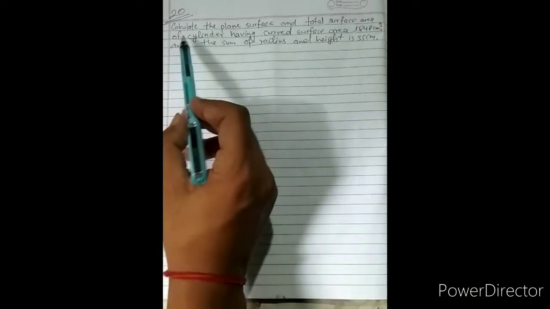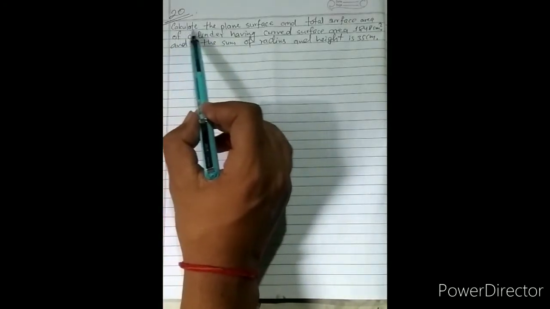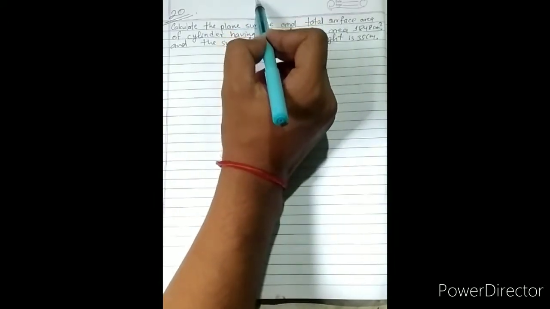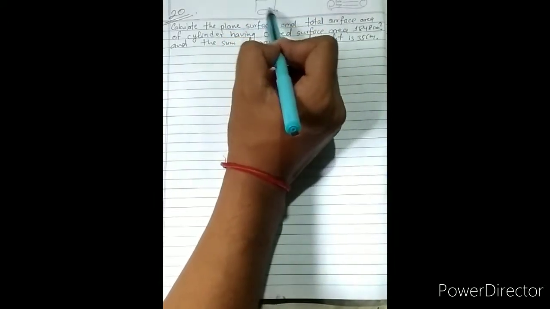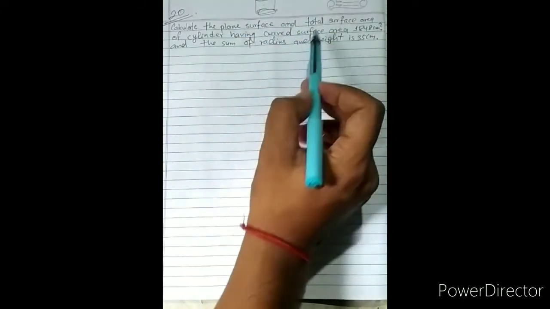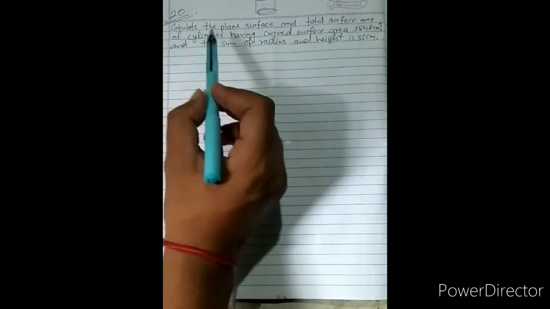Okay, let's solve next question. Here the question is like this: calculate the plane surface. Plane surface means in cylinder, this part is curved surface. The plane surface means area of this circle you have to find, and total surface area of cylinder you have to find.